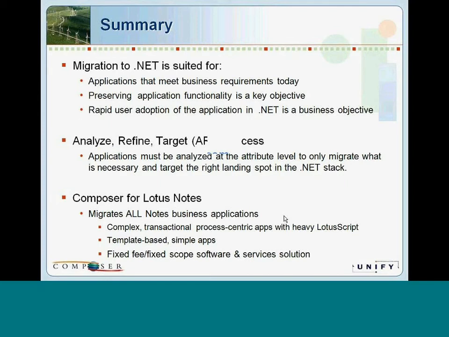The ARC process, as Suresh went into, is unique to our offering and is part of our discovery process. Again, ARC stands for Analyze, Refine, and Target. Applications must be analyzed at the attribute level to not only migrate what is necessary but target the right landing spot in the .NET stack, which is either, as Suresh mentioned, InfoPath SharePoint or ASP.NET.